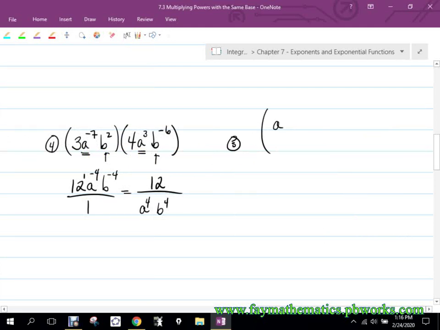So if I have like A cubed B to the negative third over C to the negative fifth, and then let's go A, and then let's go B over C squared.